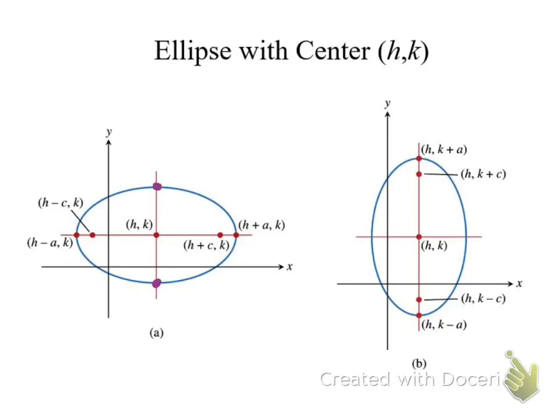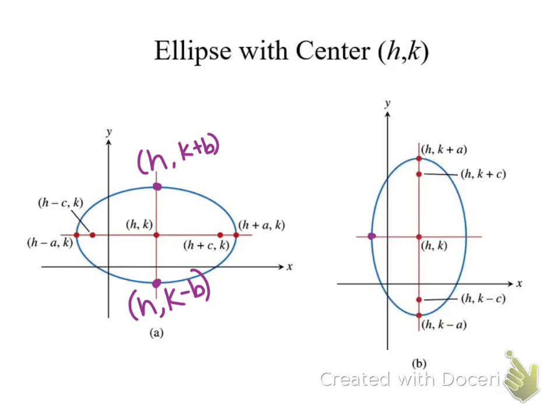Notice they're on that line with h, so h stays the same, but this one would be (h, k plus B). And this one down here would be (h, k minus B).